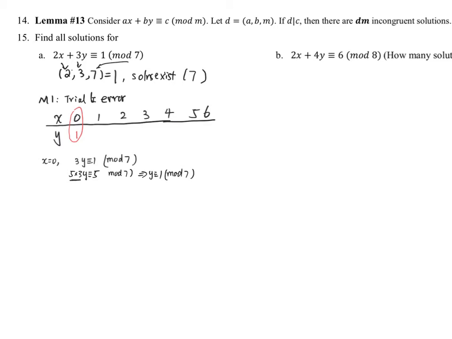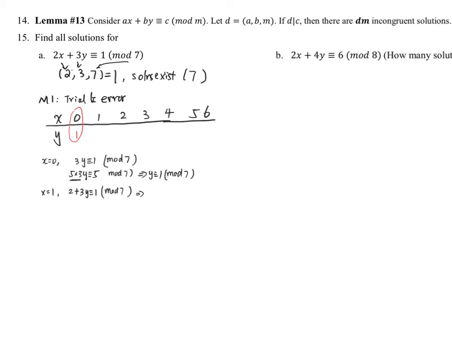Now when x is equal to 1, let's solve that consistently. 2 times 1 is 2, so 2 plus 3y congruent to 1 mod 7. We just plug in 1 here and try to solve this new linear congruence. This gives me 3y congruent to -1, just subtracting 1 from both sides. Actually, wait a second.